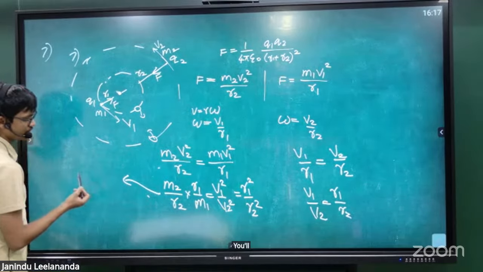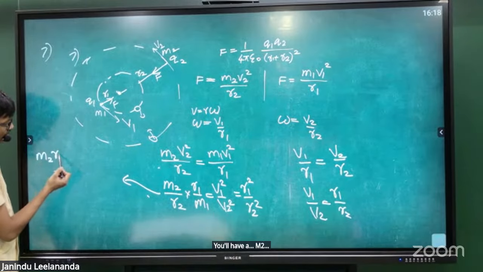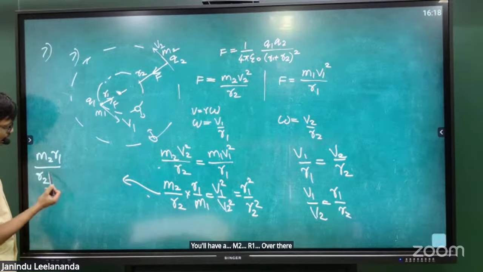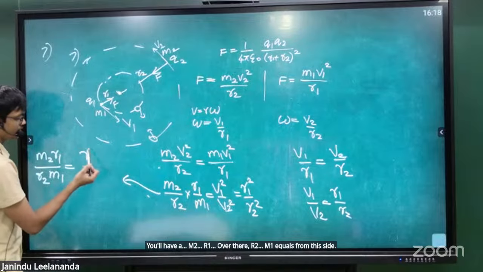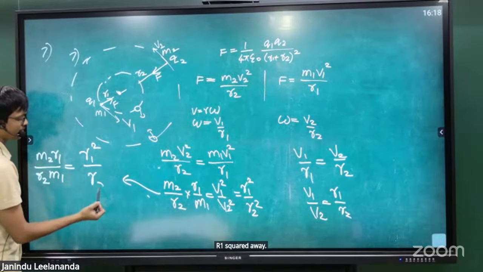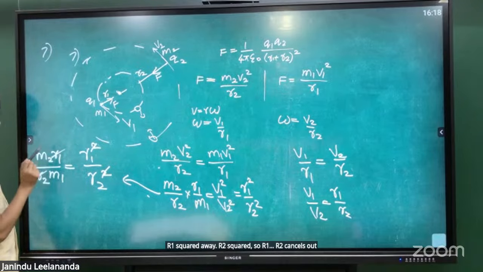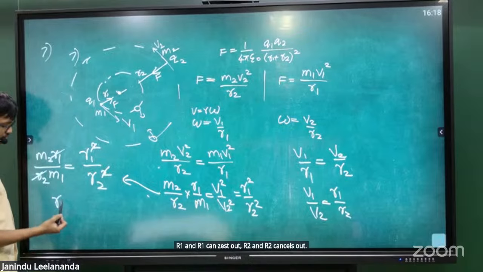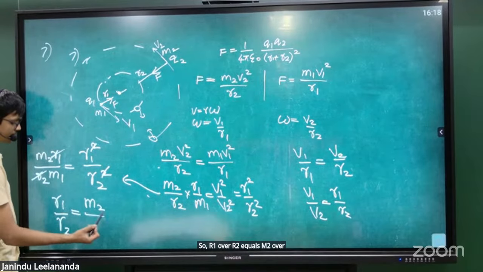You have m2 r1 over r2 m1 equals, from this side, r1 squared over r2 squared. So r1 r2 cancels out with these two. r1 and r1 cancel out, r2 and r2 cancel out. So r1 over r2 equals m2 over m1, right?